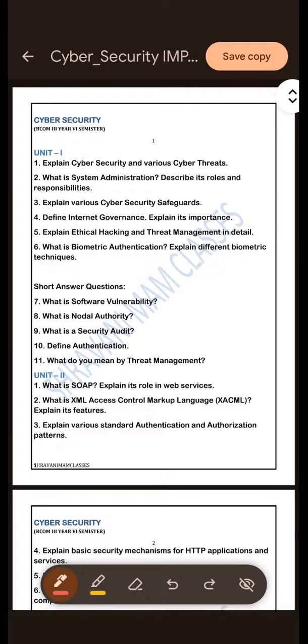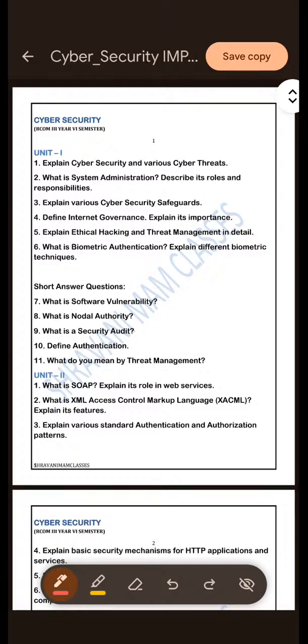You will have an essay question for 8 marks, so you have to elaborate this for 8 marks. And the main goal is to ensure confidentiality, integrity, availability. This is how you can explain cyber security and various cyber threats.